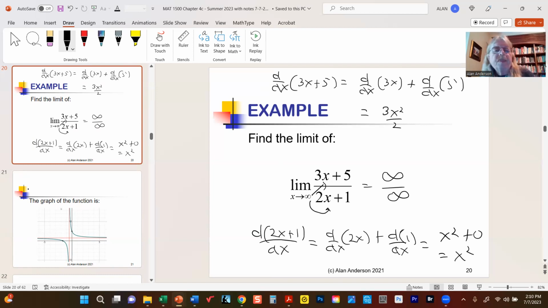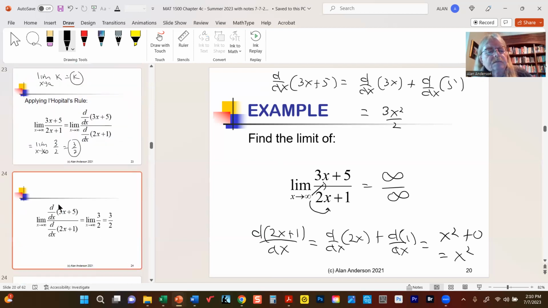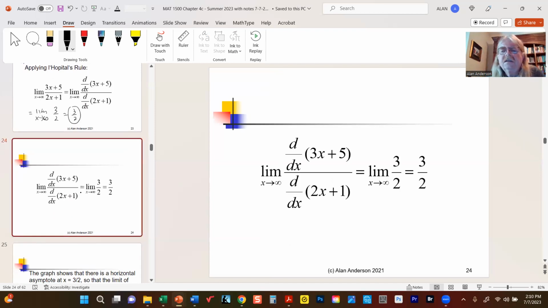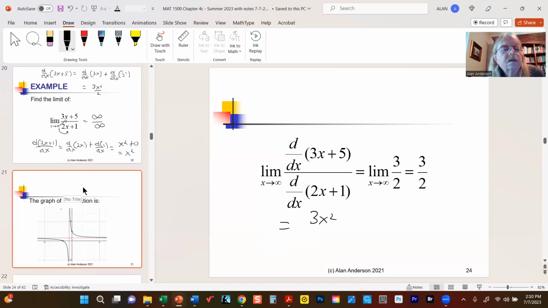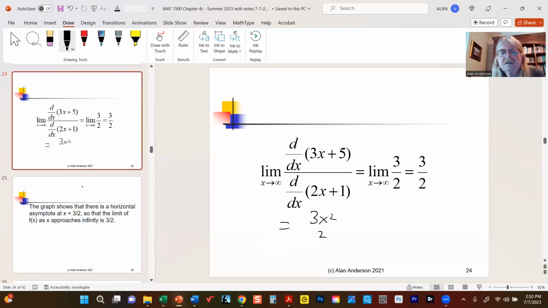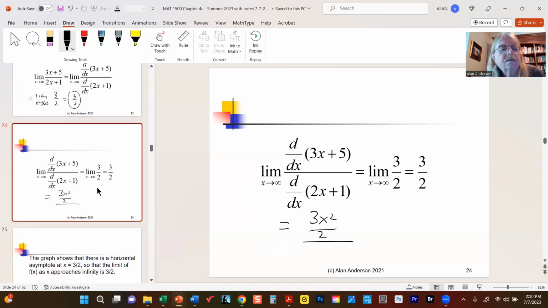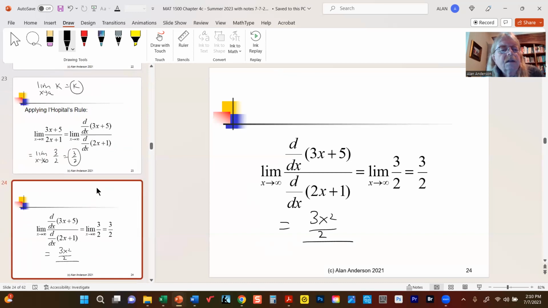So now, when I plug these into the derivative, I've got 3x squared over 2, all divided by x squared.